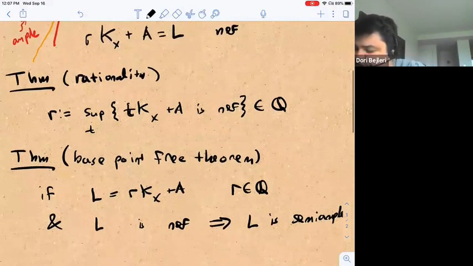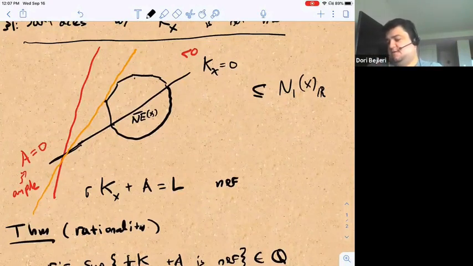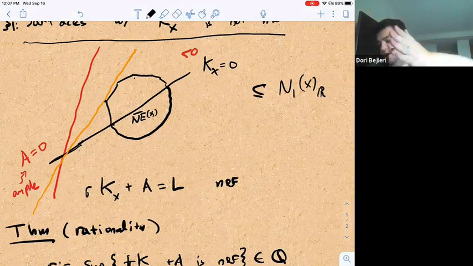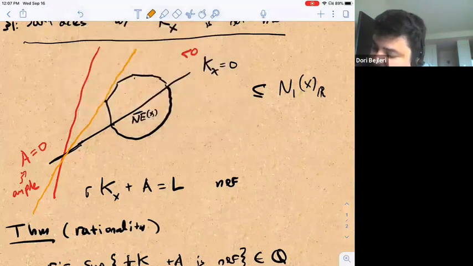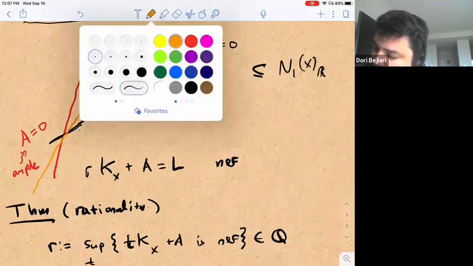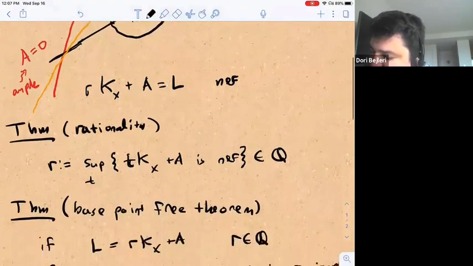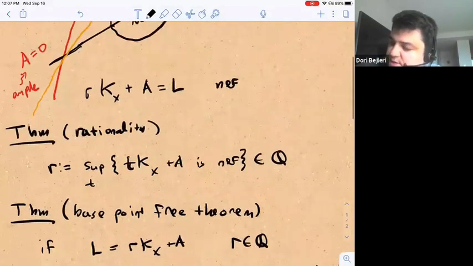Okay. And so now our strategy was to pick some generic A and approach the Nef cone with this L, such that the intersection of L equals 0 with our cone is just a single ray. And we'll say more about exactly how you do this when we prove the cone theorem that gives us the structure of this cone.